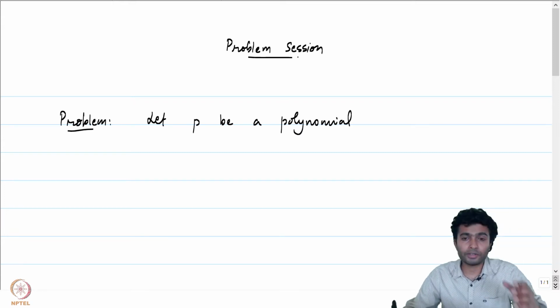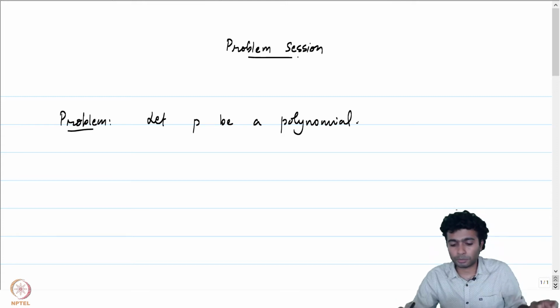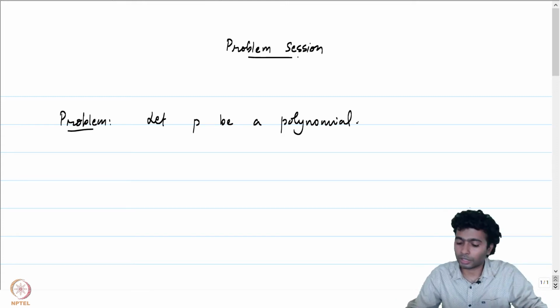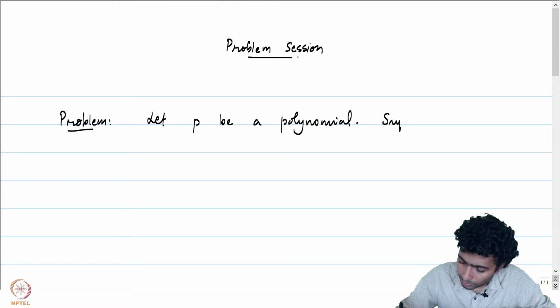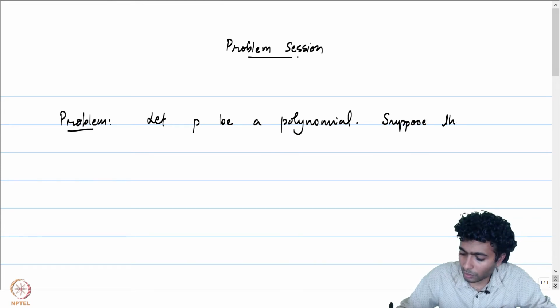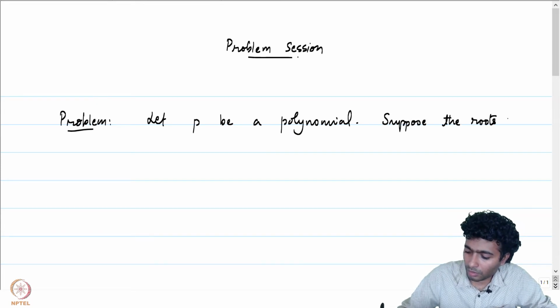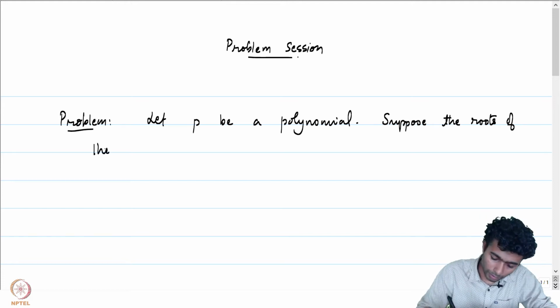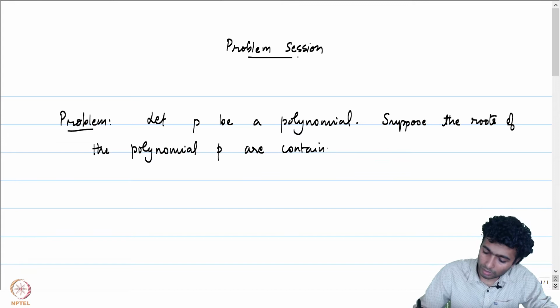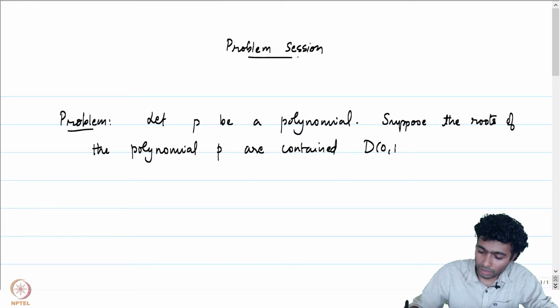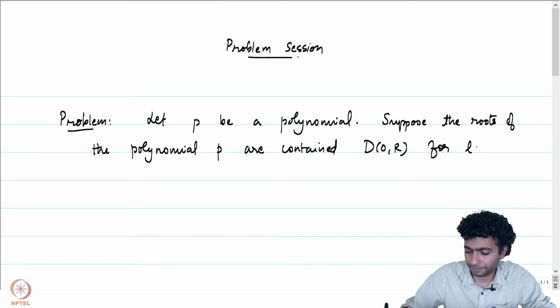and by the fundamental theorem of algebra, we know that this polynomial splits and we know exactly what the roots are. Let us assume that all the roots of this polynomial are contained in a disk of radius R around 0. Suppose the roots of the polynomial p are contained in D(0, R) for R large.